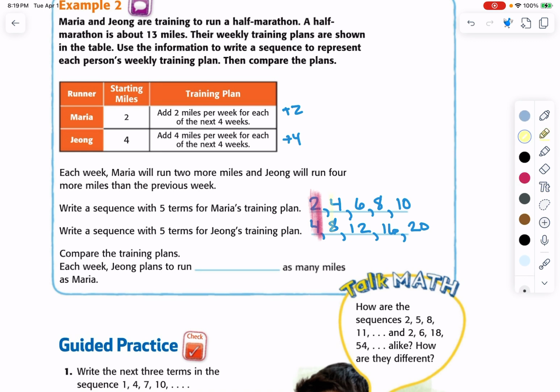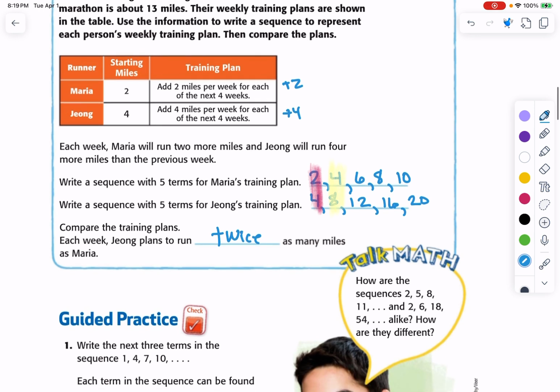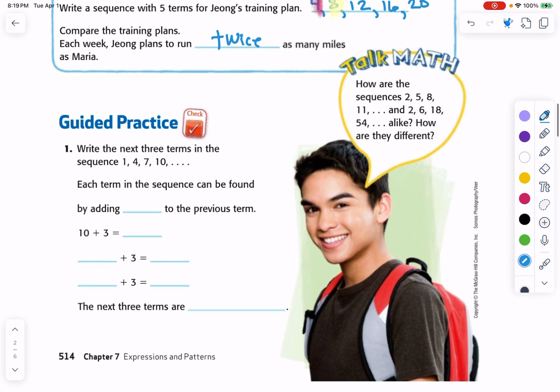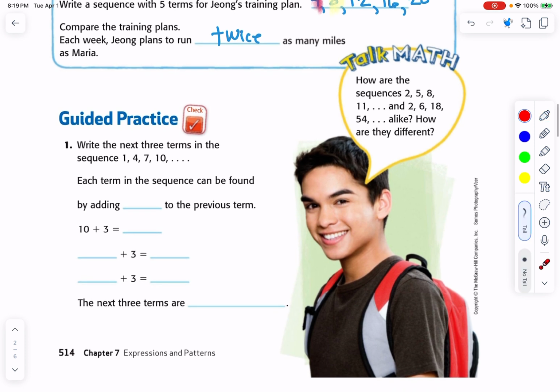And then the next week, Maria ran 4, Zhong ran 8. What do you notice? Yeah, it says Zhong plans to run twice as many miles as Maria. Well, maybe he's in better shape. Or not. Let's take a look at this guided practice.